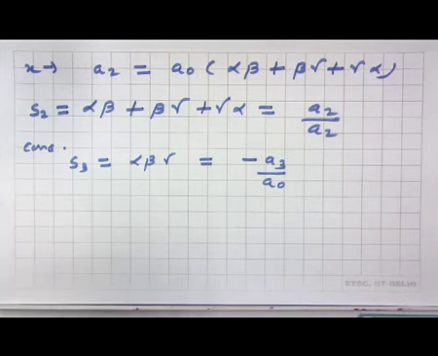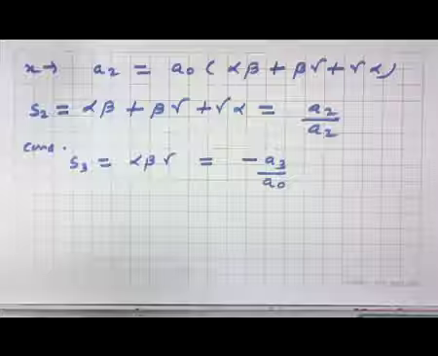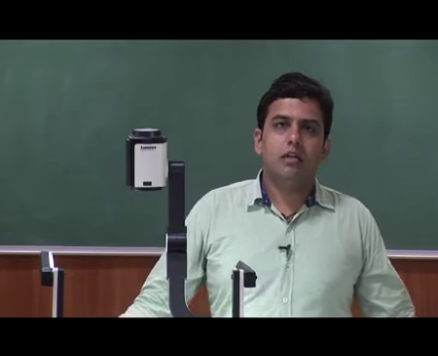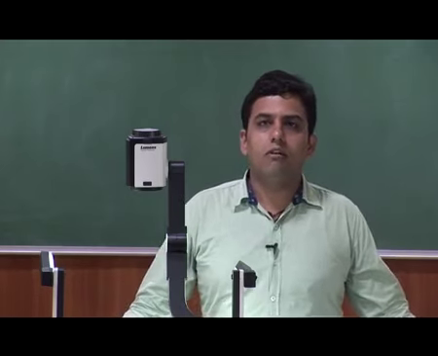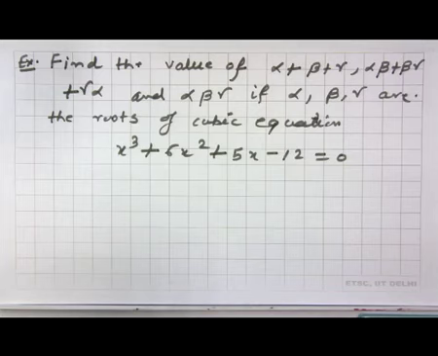Let us take an example so the concept can be understood easily. Find the value of alpha + beta + gamma, alpha beta + beta gamma + gamma alpha, and alpha beta gamma, if alpha, beta and gamma are the roots of the cubic equation x³ + 6x² + 5x − 12 = 0.